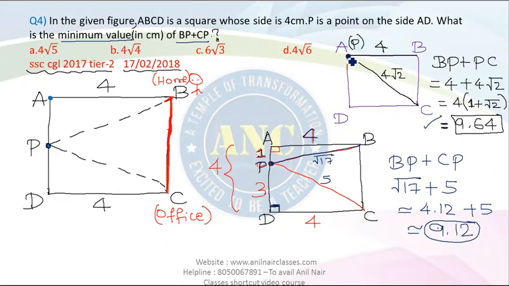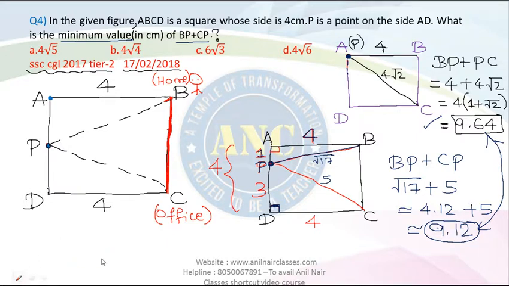Earlier it was exactly at point A. Because it came little down, now it is at this point where AP is 1 unit, PD is 3 units, and the value also reduced. 9.64 was the earlier value, now it is 9.12. It has become little minimum, but they want it to be the most minimum value possible. Other than that, it cannot be further minimum. Till that point you need to take care of it.